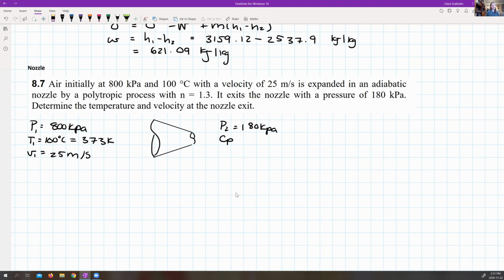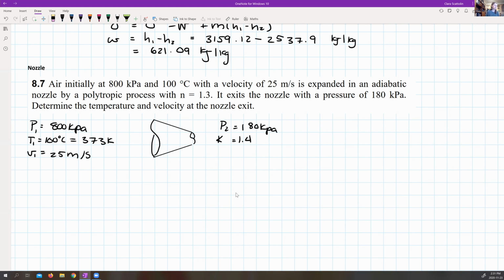Okay, so the solution said 1.3. If you look at the question, it says 1.3 and the solution also used 1.3. However, I solved it using 1.4. I think I misread the question, but I solved it using 1.4 because that's the K value I got out of the table. So I jumped too quickly to the table there. So my numerical final answer will be slightly different from the solution, but the process is exactly the same.